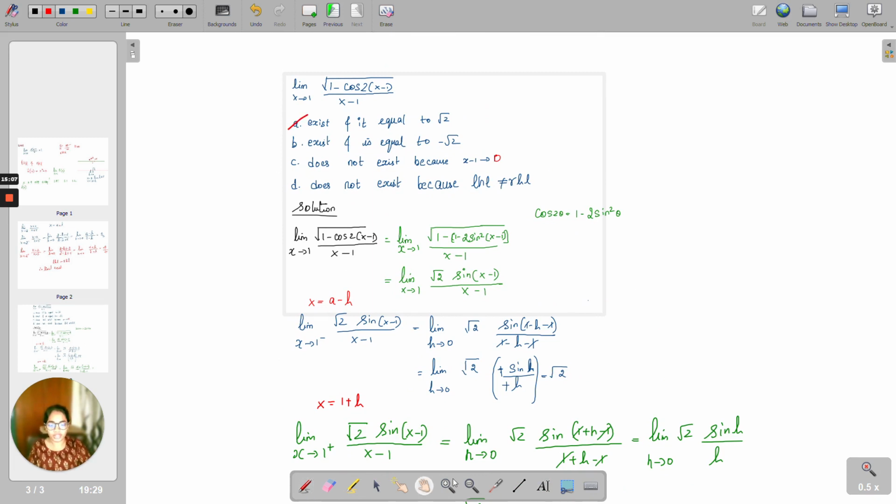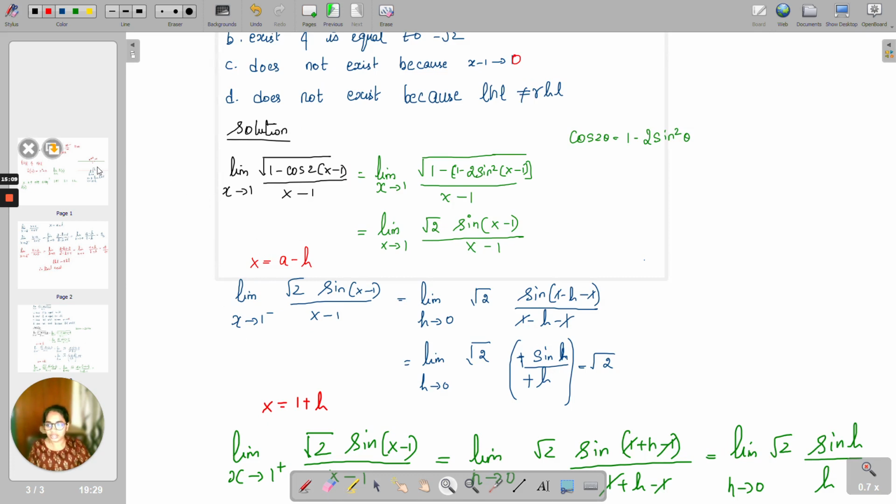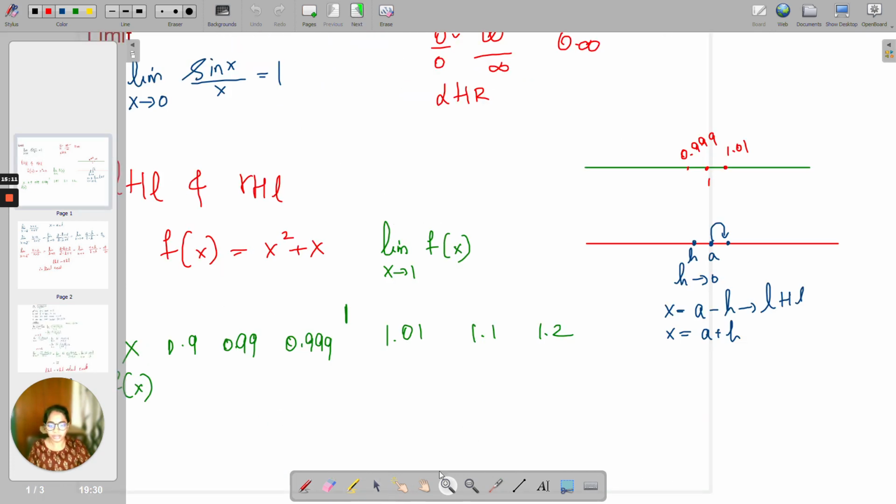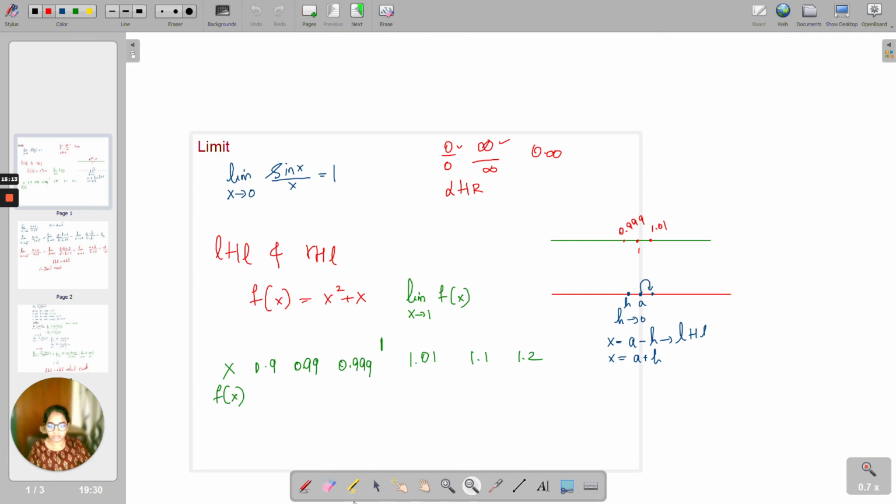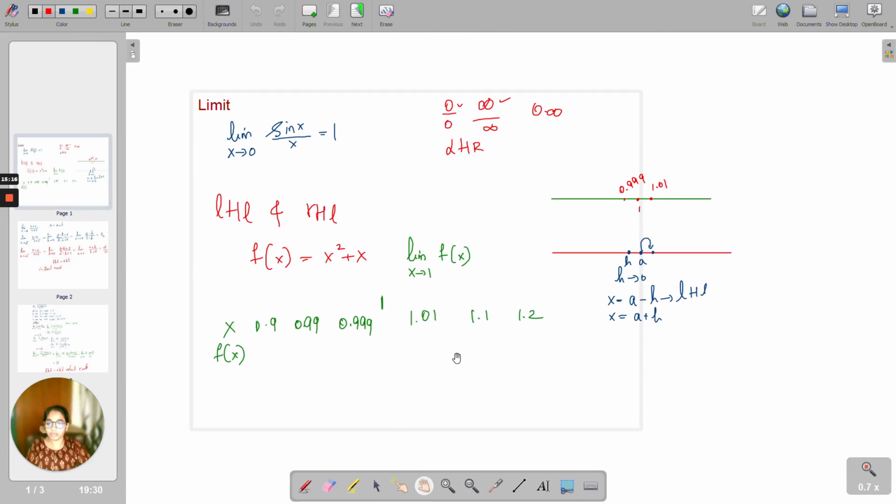Yes, so what did we study in today's class? We studied about limits. Yes, in this chapter on limits, we studied about the left hand limit and right hand limit. Yes, so we took an example and we saw that for the LHL, basically we take the values from the left hand side.